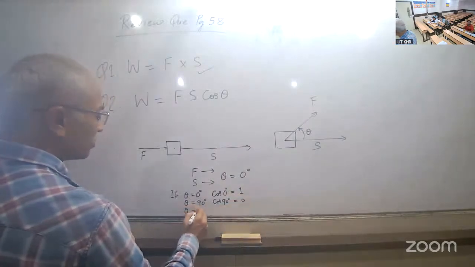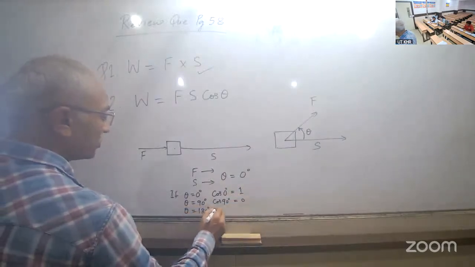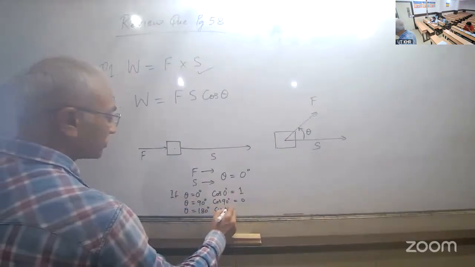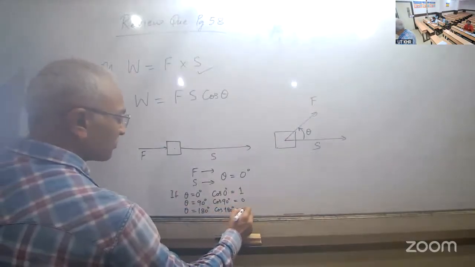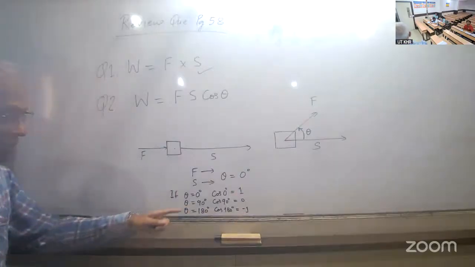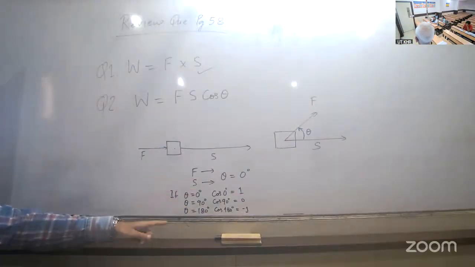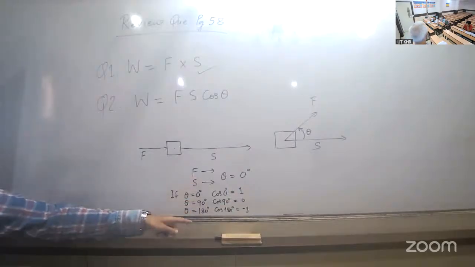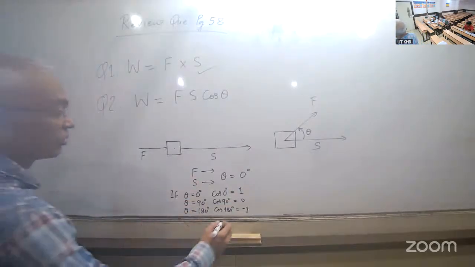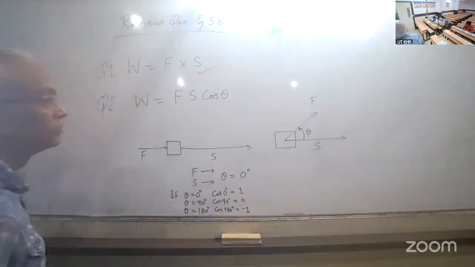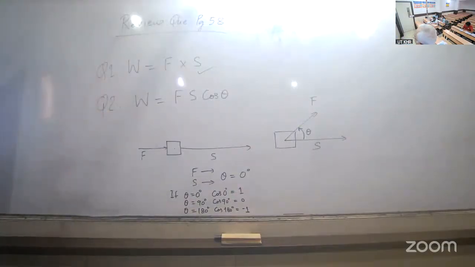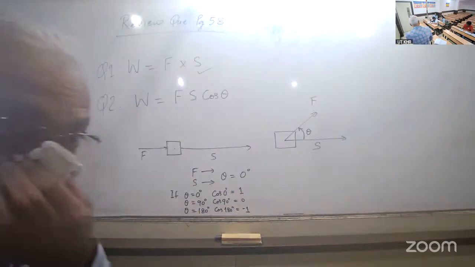If theta is equal to 180 degree, cos 180 is minus 1. So you're familiar with all this? Only these three angles' values you will be required to know, if at all. Okay, question 2. Question 3.